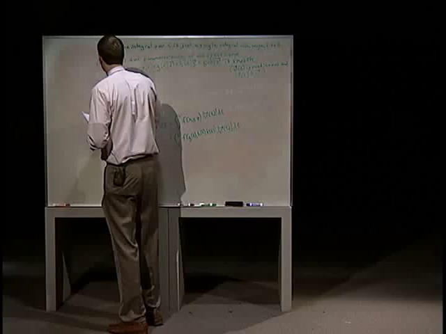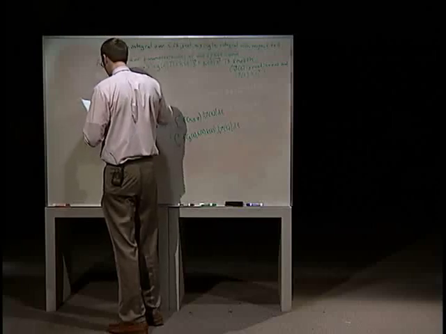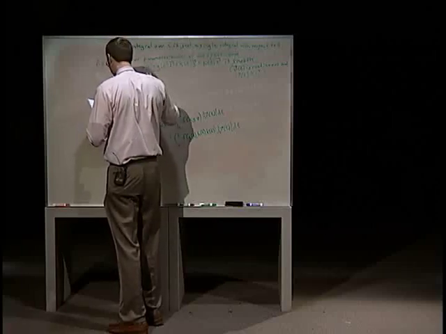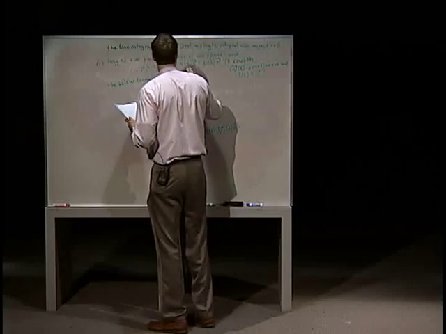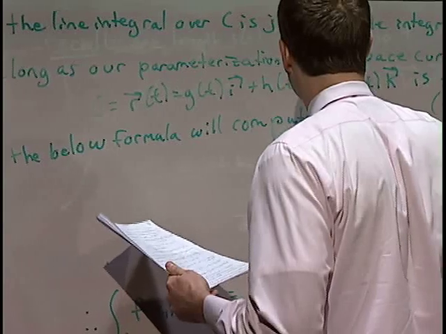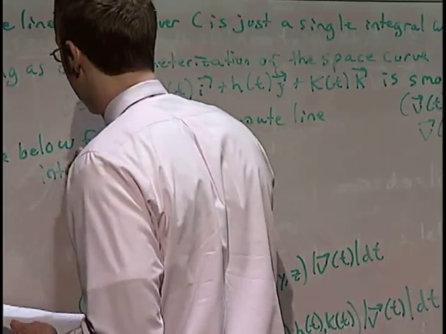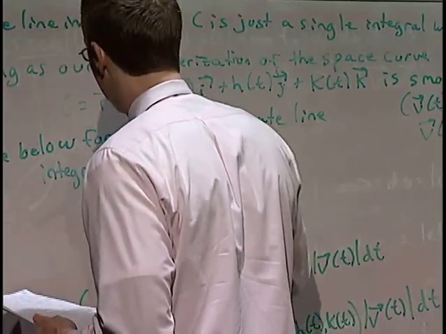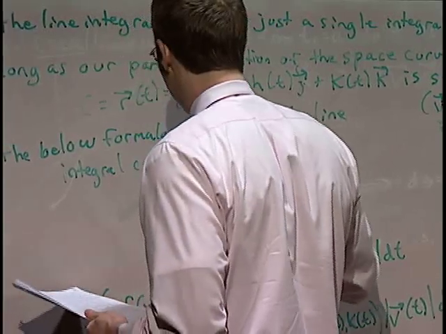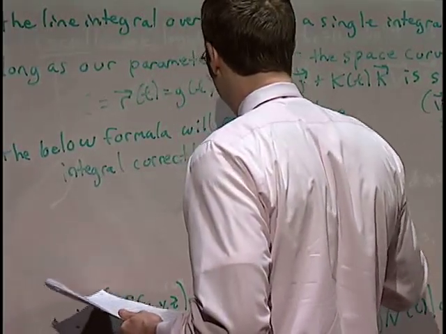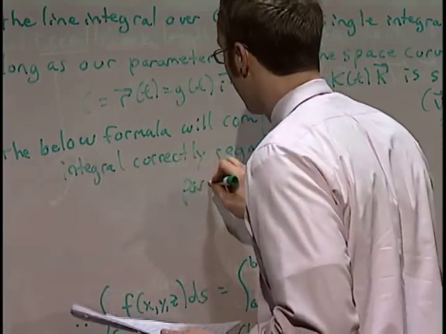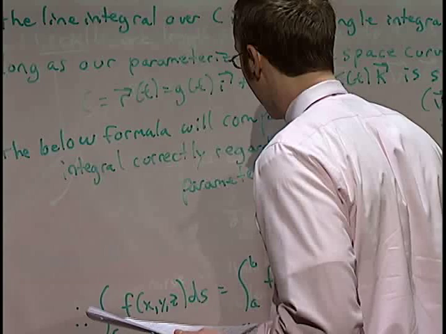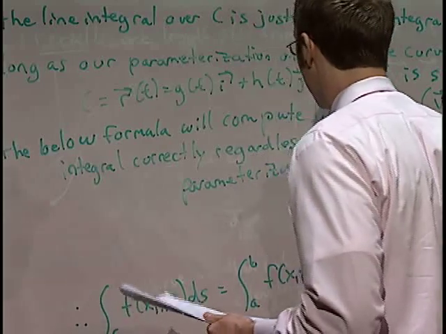So as long as our space curve has a smooth parameterization, any parameterization will work, right? The below formula will compute the line integral correctly regardless of parameterization. It's a mouthful.